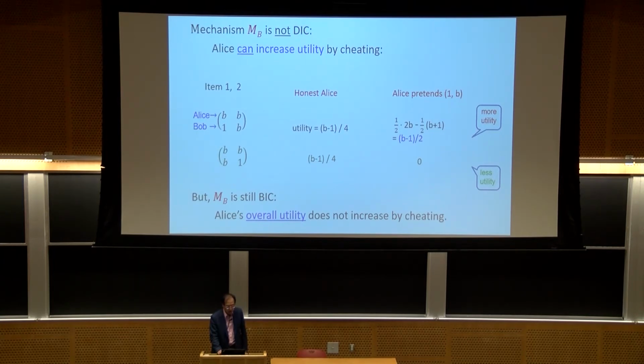If Bob has a valuation of low and high, but with the other combination, then in that case the honest Alice will gain back the utility, and therefore you get the Bayesian case. So this is an interesting case.